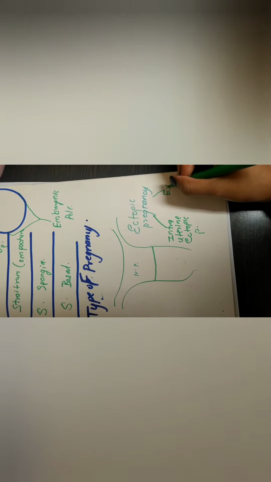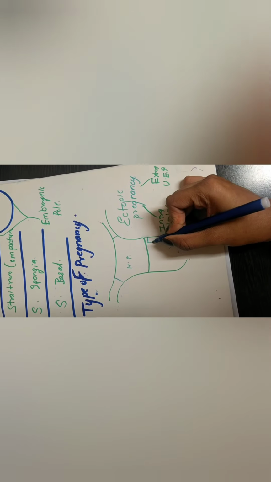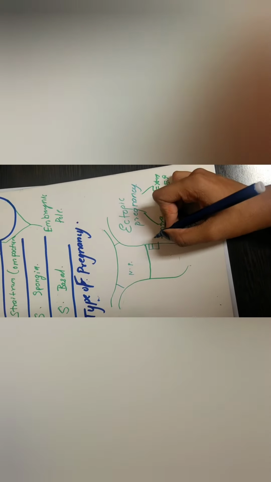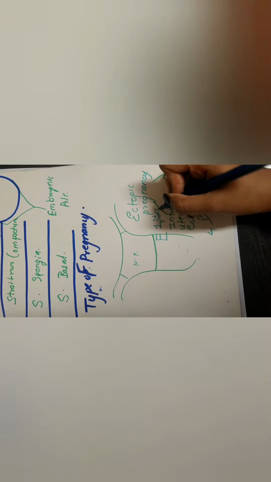Intrauterine means anywhere inside the uterine cavity but not above this line, not above these two layers. It's anywhere over here.